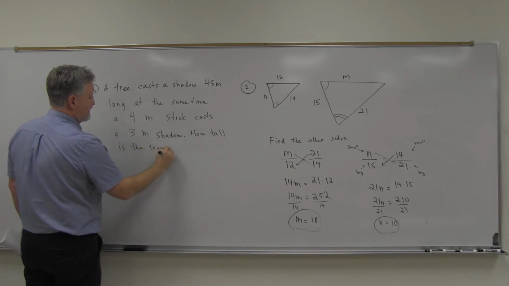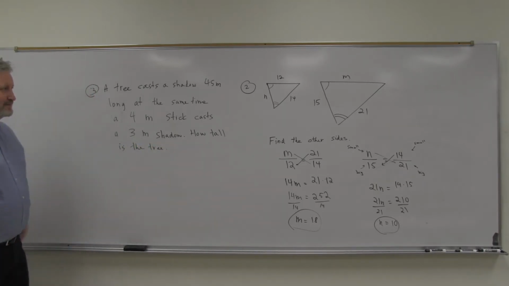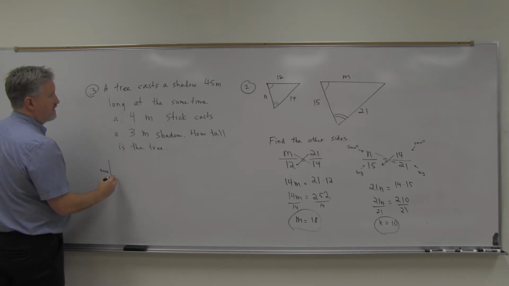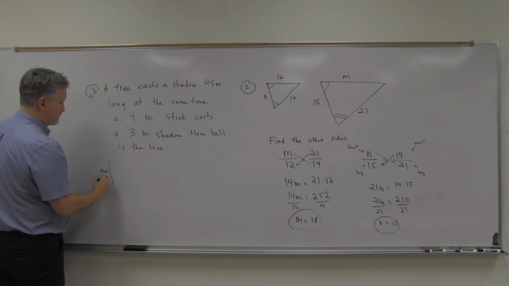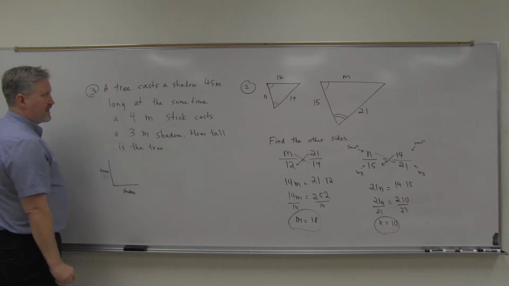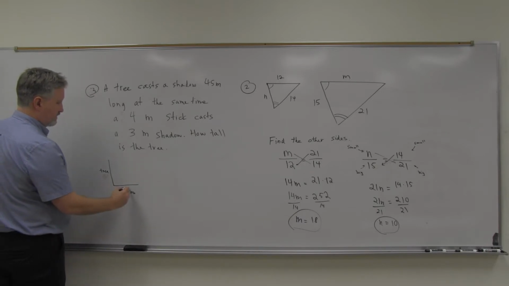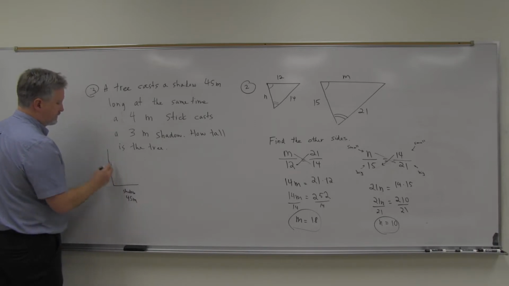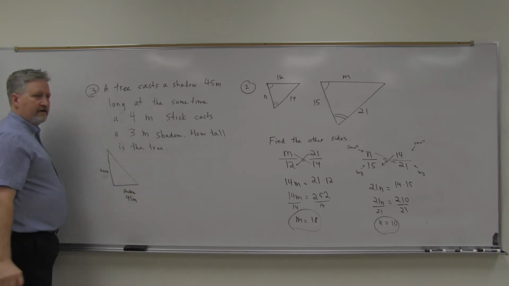Well, this is another application of similar triangles, because yeah, you've got this tree here, and what we know is the shadow it casts, so here's the shadow. The shadow it casts is 45 meters. So it casts that shadow down like that.